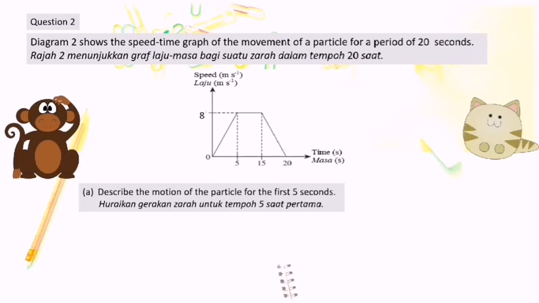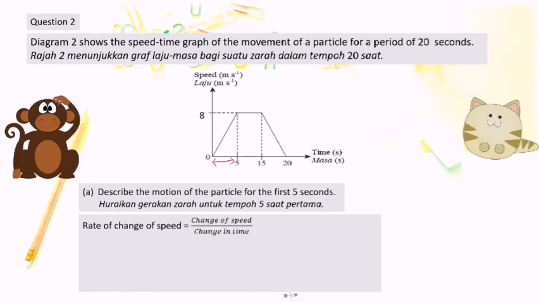Question number 2. Diagram 2 shows the speed-time graph of the movement of a particle for a period of 20 seconds. Describe the motion of the particle for the first 5 seconds. The first 5 seconds is here. How to describe? First, we find the rate of change of speed. Rate of change of speed equals change of speed over change in time, or we can use the formula final speed minus initial speed divided by change in time.